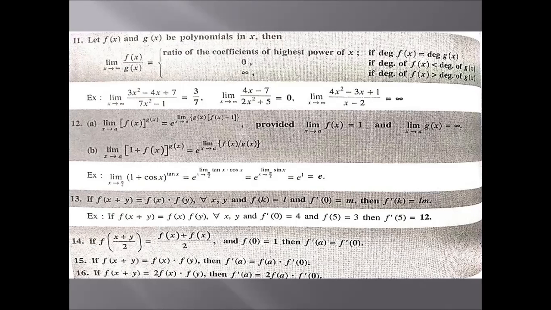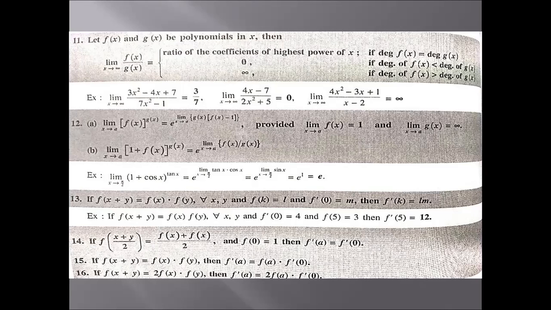Next, the 12th formula, in that the first one. The limit as x tends to a of f(x) to the power g(x) is equal to e to the power of the limit as x tends to a of g(x) times (f(x) - 1), provided the limit as x tends to a of f(x) equals 1 and the limit as x tends to a of g(x) is infinity.